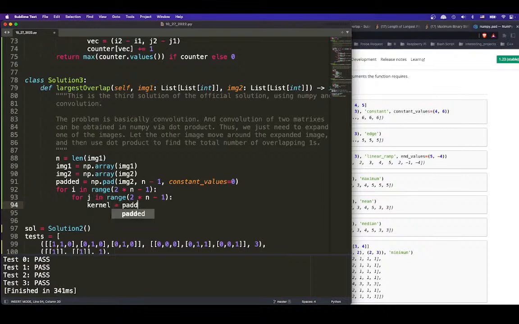So kernel is gonna be padded. So we say, hold on.